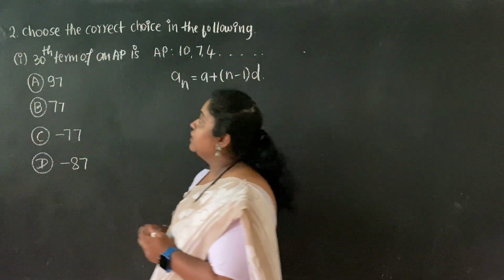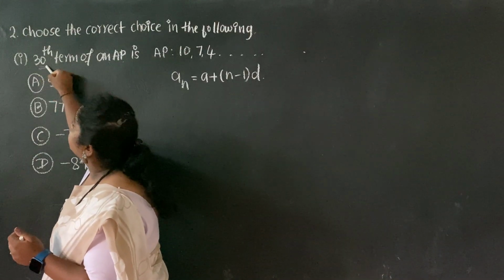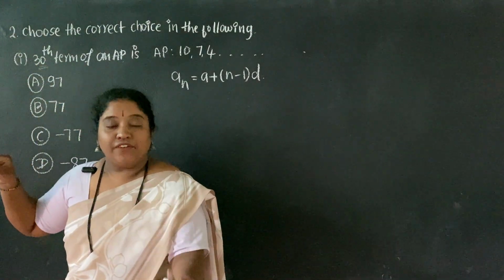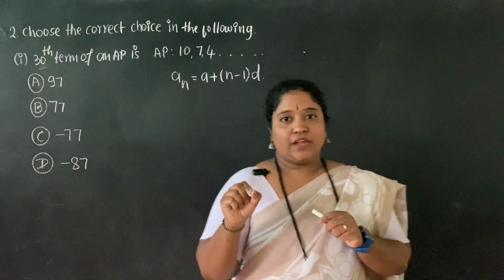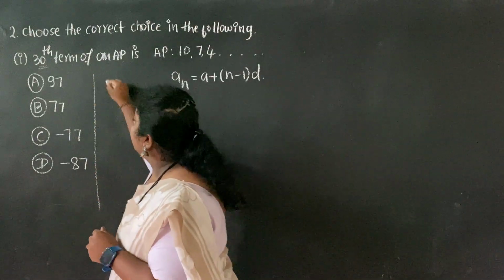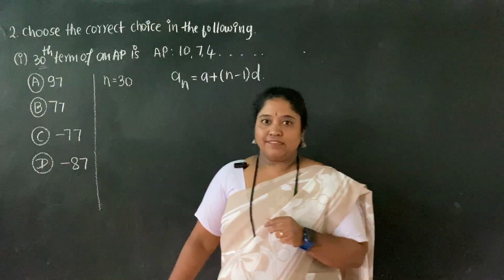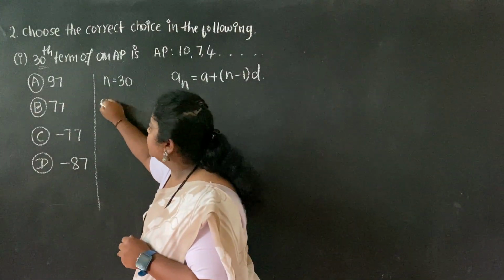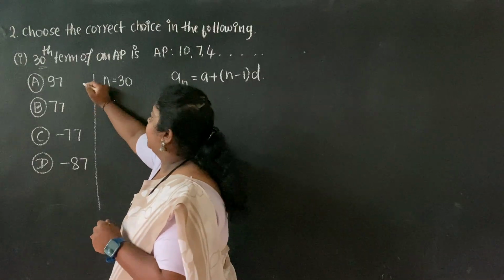Now see here, 30th term of an AP means 30th, 10th, 5th, 6th. This indicates the n value. So in the given question, n is equal to how much, dears? 30. Let me calculate the common difference d. Before that, let me write the a value first.